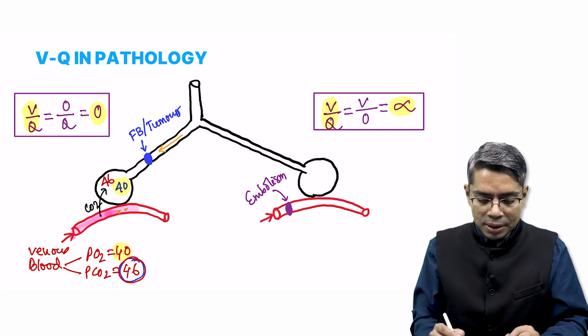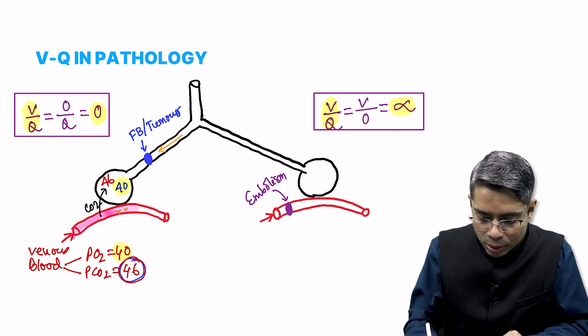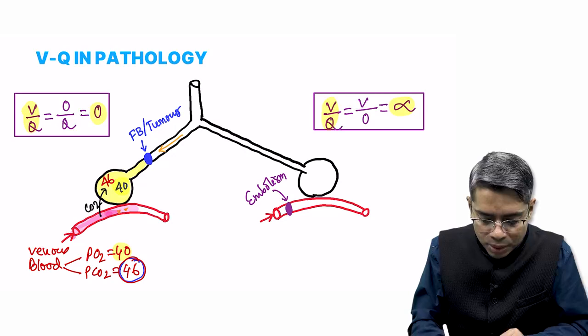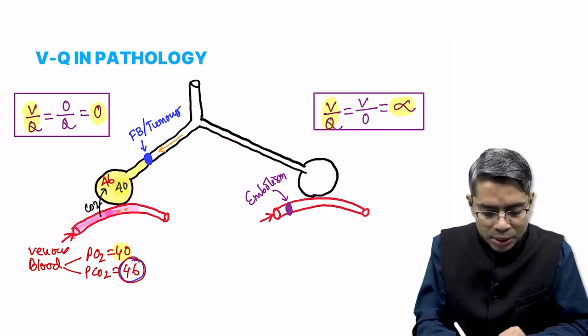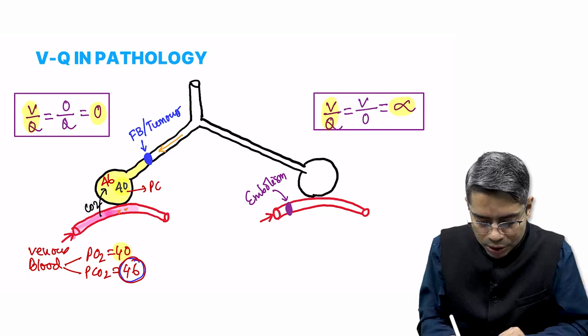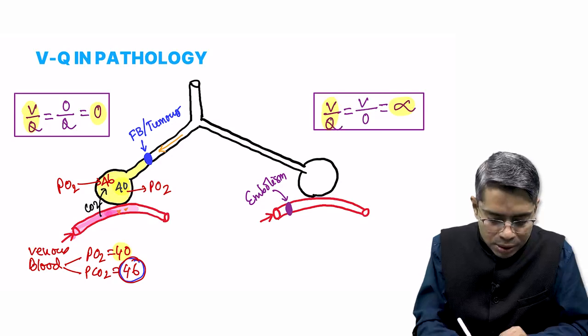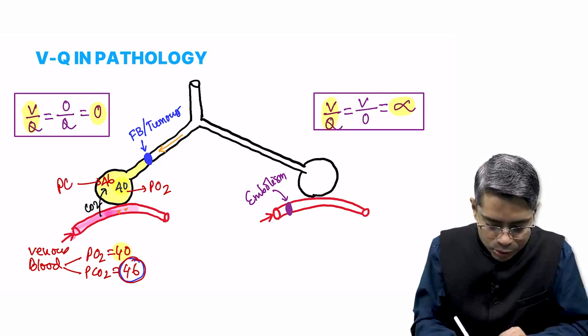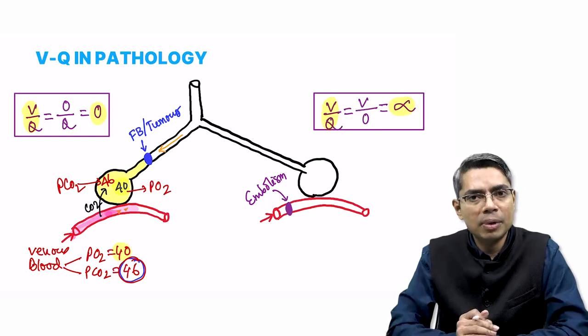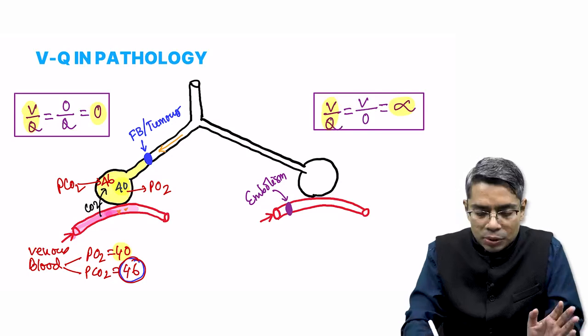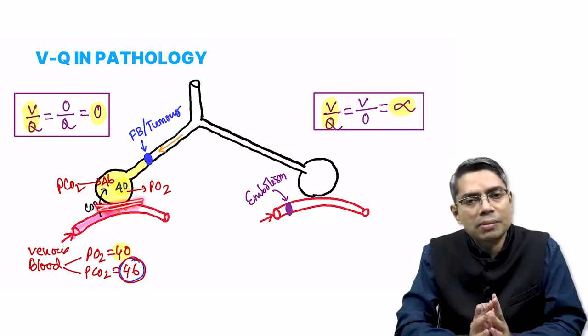So whenever the alveolar gas composition has a partial pressure of oxygen of 40 millimeter of mercury and a partial pressure of carbon dioxide of 46 millimeter of mercury, that is the point where no further diffusion or exchange of gases is possible in this alveoli.